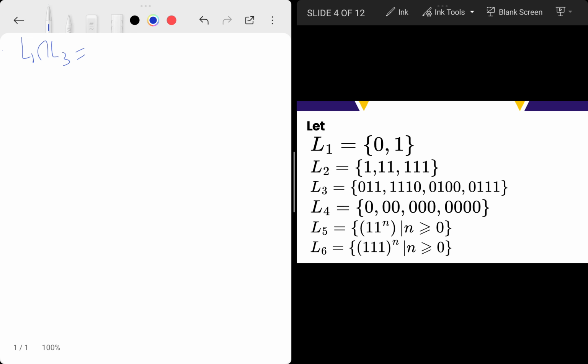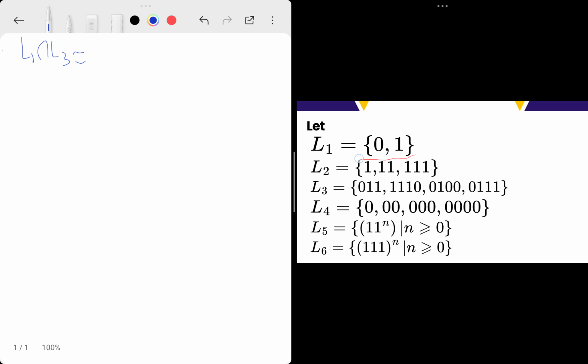We need to find the common elements to get the intersection. So, L sub 1 and L sub 3. Since they have no common elements, our resulting set is the empty set or null set.